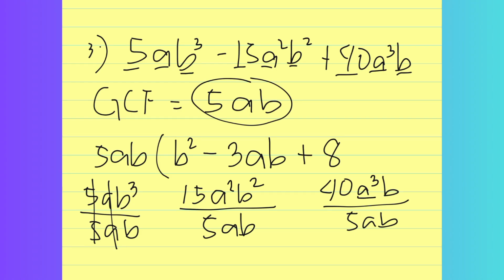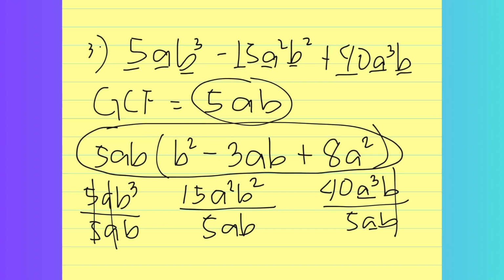And a cubed divided by a, so 3 minus 1, we have a squared. And b divided by b, you simply cancel that because b divided by b is 1. Therefore, this is now the factored form of our given polynomial, 5ab cubed minus 15a squared b squared plus 40a cubed b.